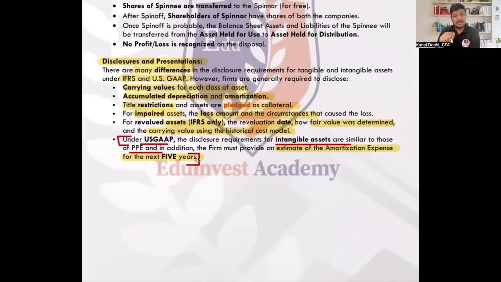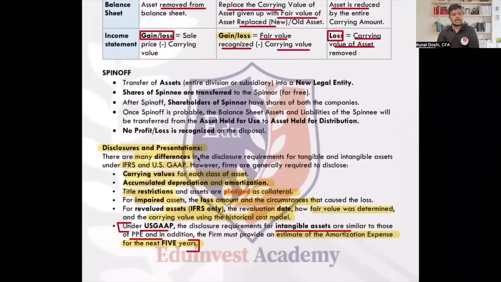Because under US GAAP, the estimation of the future 5 years amortization expense also needs to be added. So the firm must provide the estimation of the amortization on intangibles under US GAAP for the next 5 years. Understood? Clear? Okay. Now let's understand the concept of spin-off.